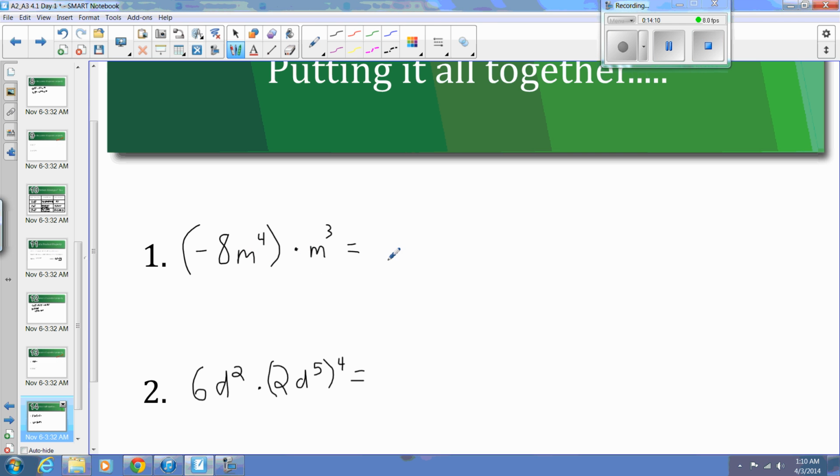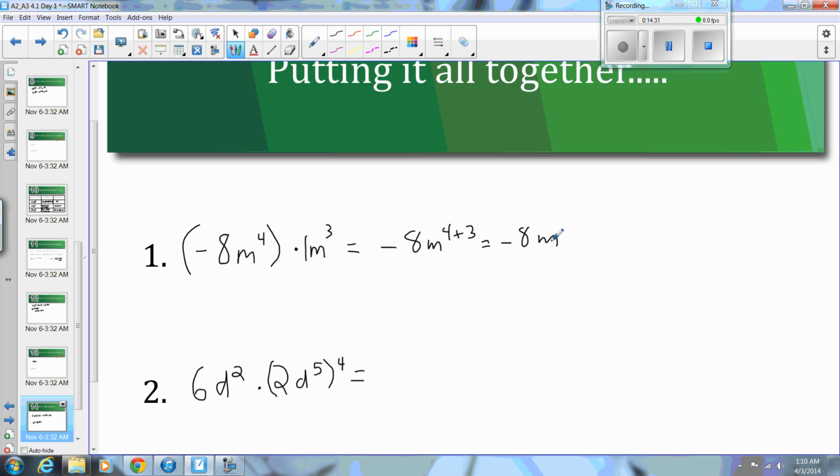So what is this really? Now note when I'm multiplying these two terms, the coefficient of m cubed is 1. I just first multiply my coefficients, negative 8 and 1. So that negative 8 stays here, and this becomes m to the 4 plus 3. So this would simplify to negative 8m to the 7th power.